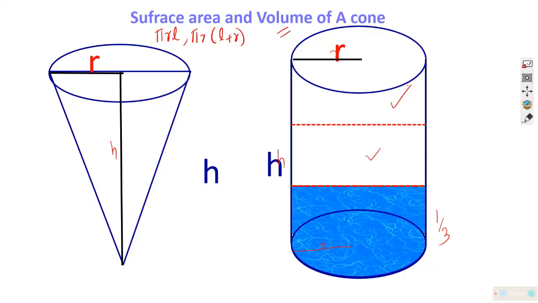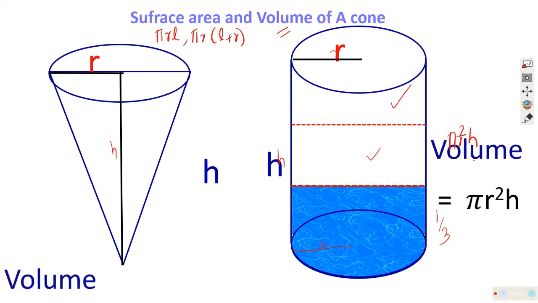From that, we already know the volume of a cylinder is calculated by the formula pi r square h. So this will be 1/3 of it, 1/3 of pi r square h. So what happened?